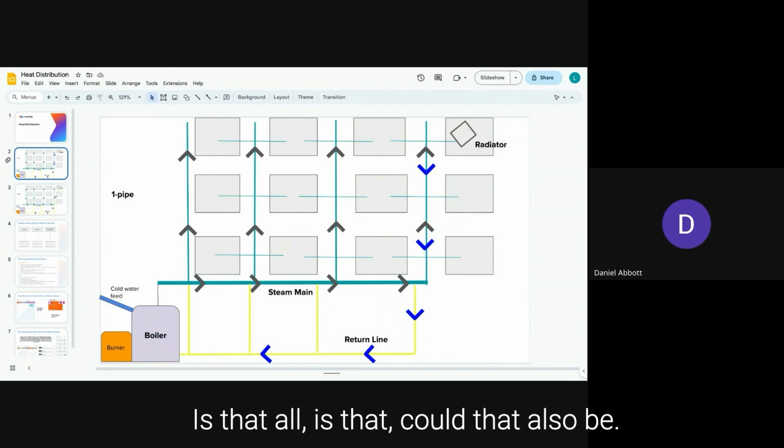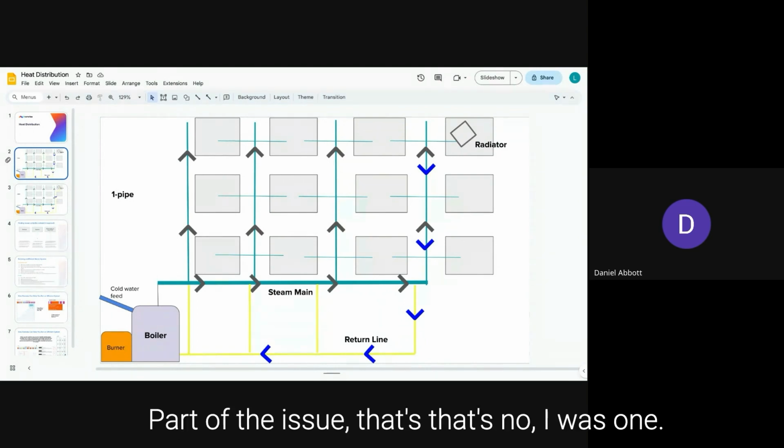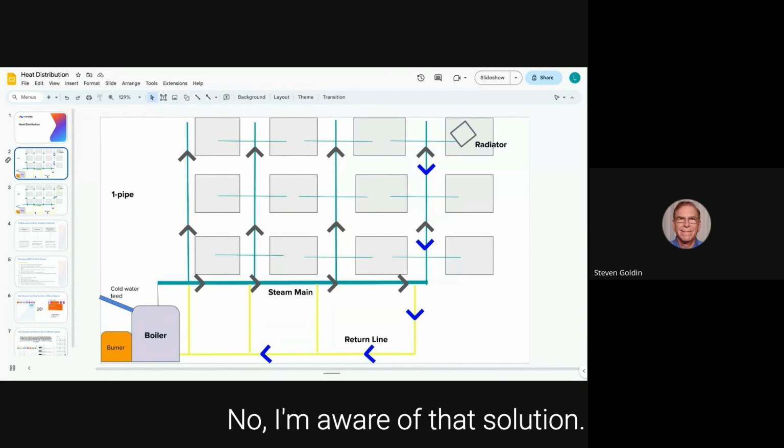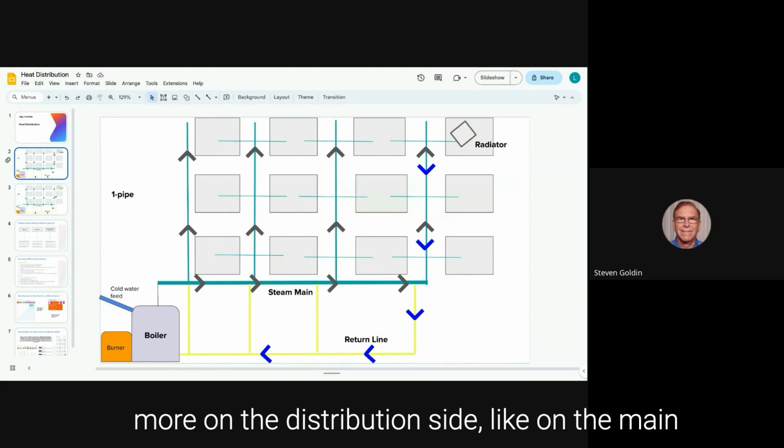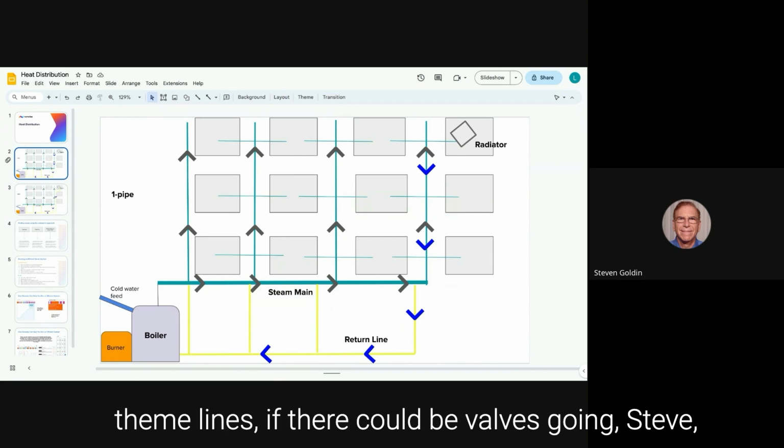Could that also be part of the issue? No, I'm aware of that solution, and we've checked that. I was just wondering if there was something more on the distribution side, like on the main steam lines, if there could be valves going.